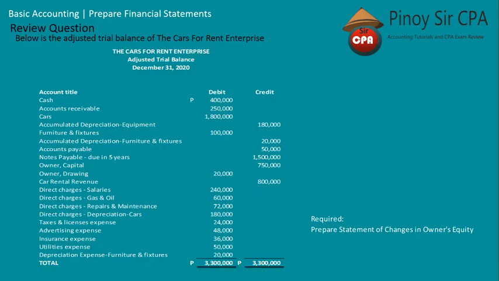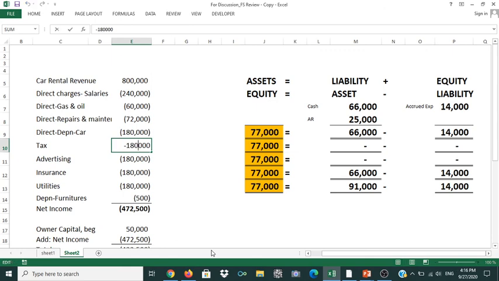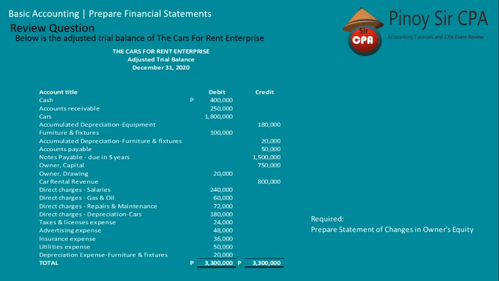Then, we get the amount. We have 24, 48, 36, 50, 20. Teka, ba't sobra ako?